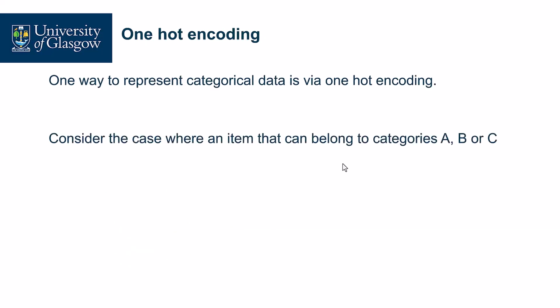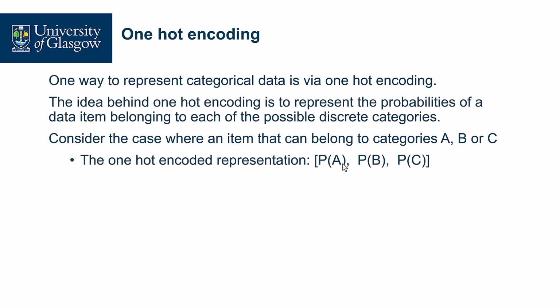Consider the case where an item can belong to 3 categories, A, B, or C. In one-hot encoding, we can represent the probabilities of an item belonging to each of the possible discrete categories. PA, where P means probability, is the probability the item belongs to category A, then the probability of the item belonging to category B, as well as C.